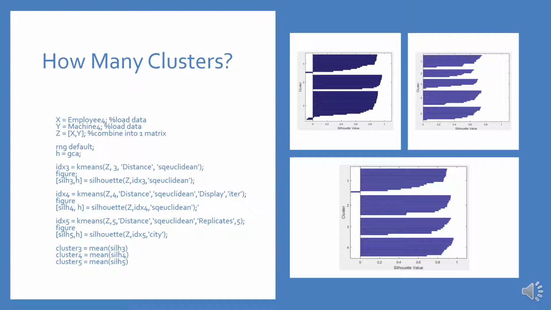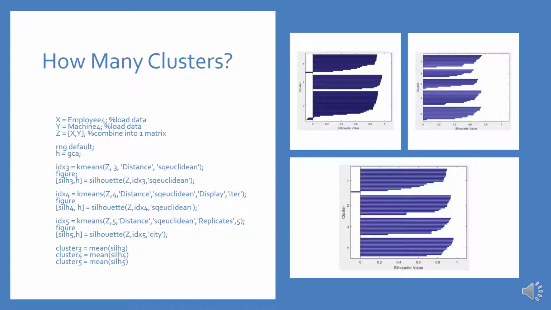The first thing that we need to figure out is how many clusters we should use, like how many groups there should be. The code over on the left is our MATLAB code. Running you through it really quick, the X, Y, and Z variables are just loading in the data that I showed you on the previous screen.